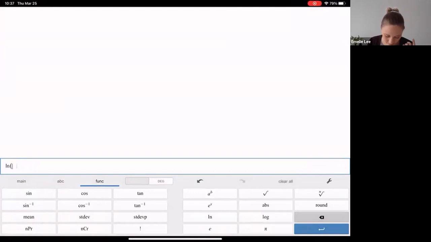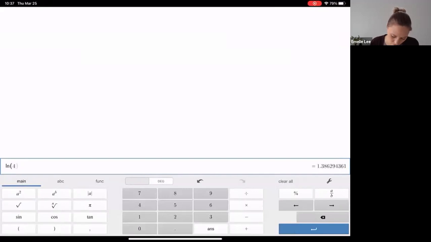If I take the ln of, it has the same properties. It has to be greater than 0, not equal to 0. If I take the ln of 4, for example, it gives me a number, 1.38629. Just remember the ln of 4 is the exact value, and the 1.386 whatever is the approximate value.